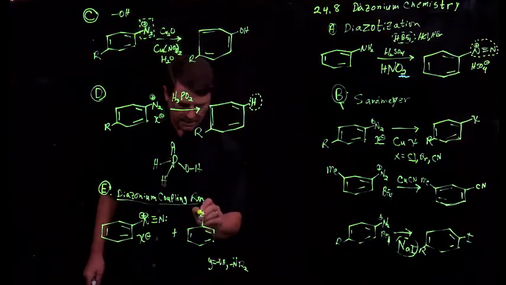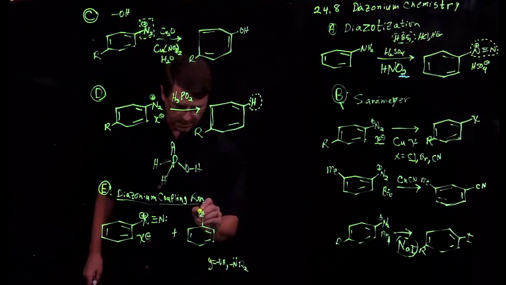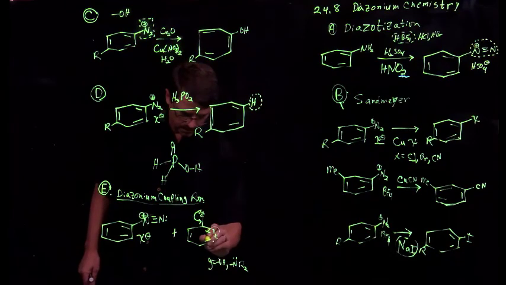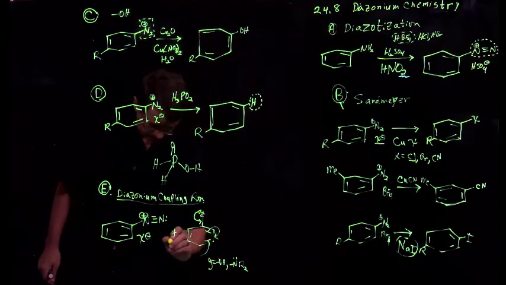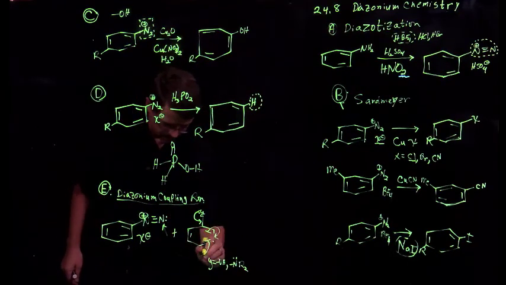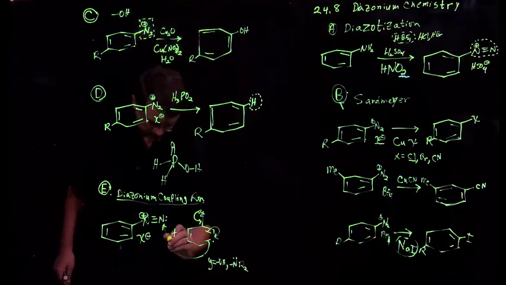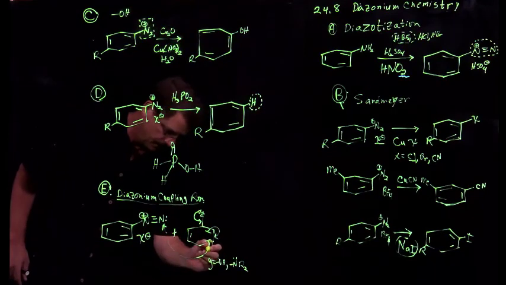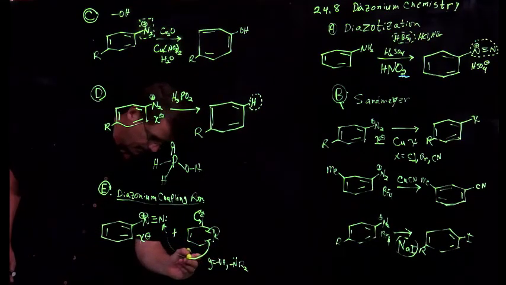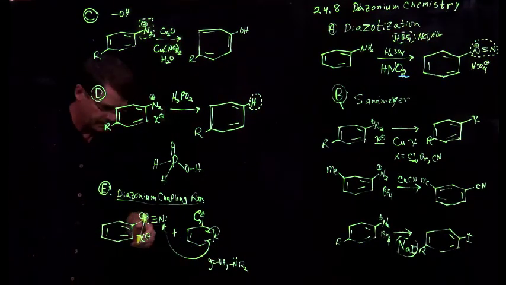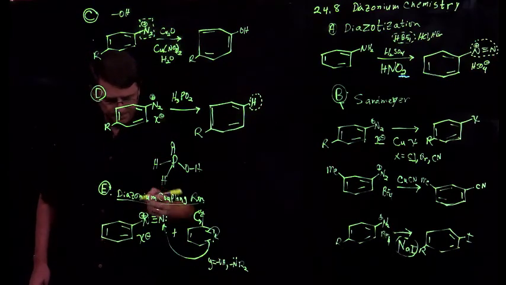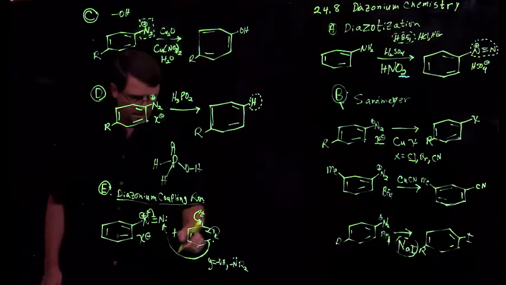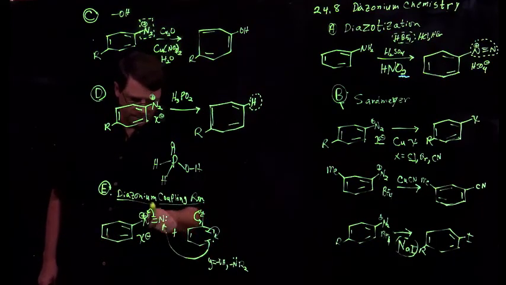So when you've got a lone pair in this strong position, remember this resonance form where you can attack at the para position. So I'm kind of sneaking in a bit of mechanism here. Now, how many arrows? 1, 2, 3, 4.